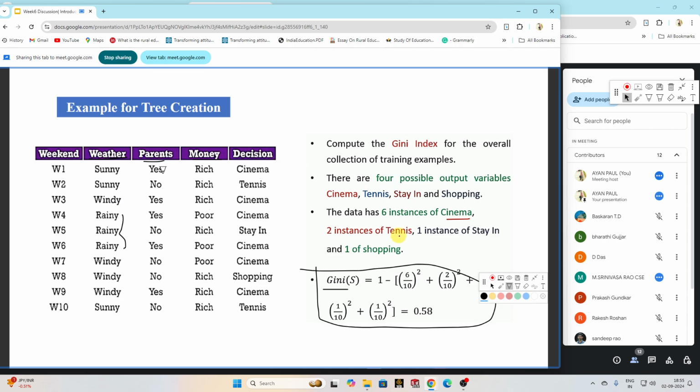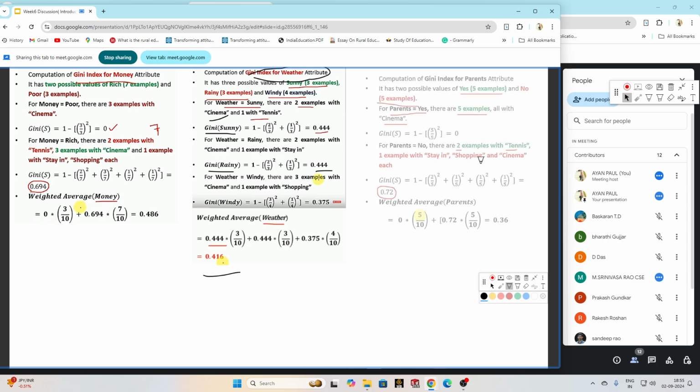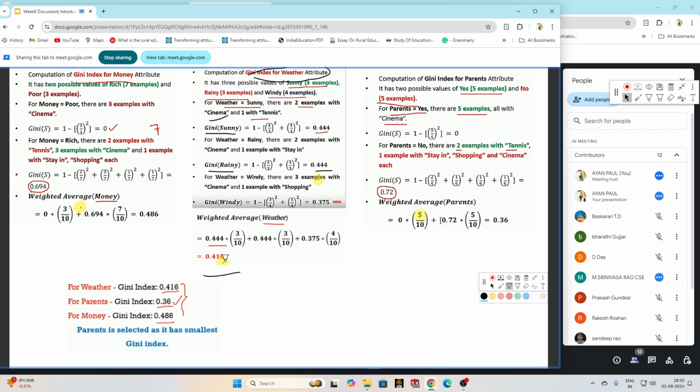Parents also has 2 classes, yes and no. When we compare, we find that the Gini index is least for parents, so we will split our first node, our root node, with parents.